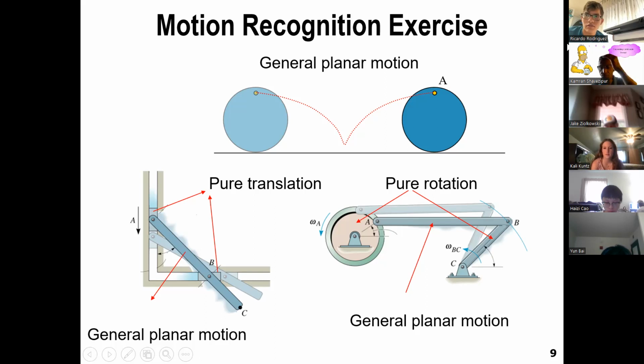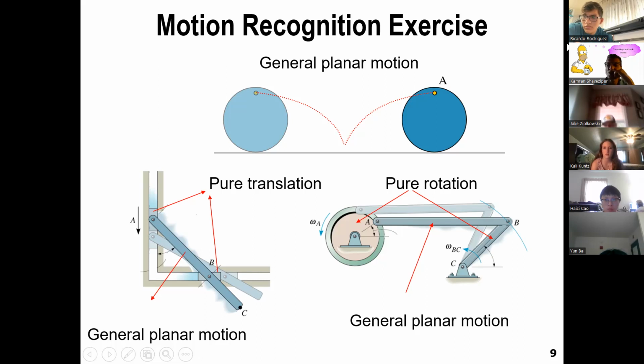Okay. Andrew, do you ride bikes? Yes. Okay. Give me an example of translational motion. Some parts of the bike, when you ride your bike, have translational motion. Would it be like the chain on the bike?